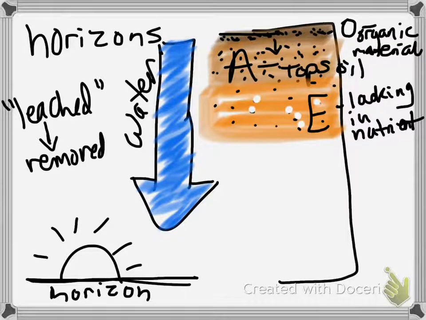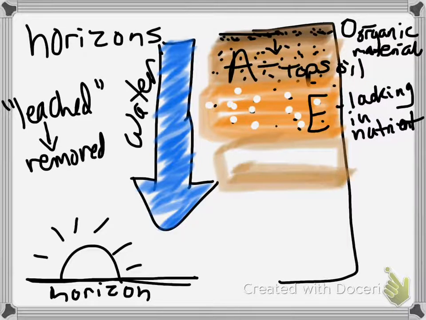As the water comes through, it's leaching out these materials. So now we don't have good nutrients in our E horizon. Underneath the E horizon, we have the B horizon.